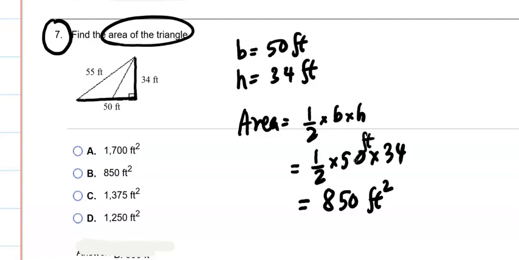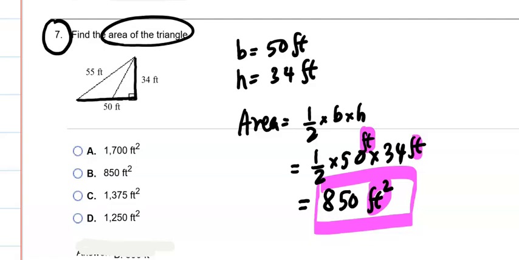Because 50 is in feet and 34 is in feet, you multiply feet with feet and you get feet squared. That means square feet. So the area is going to be B here as the answer, 850 square feet. That's the answer. Let me circle that over here. That's the answer for area.